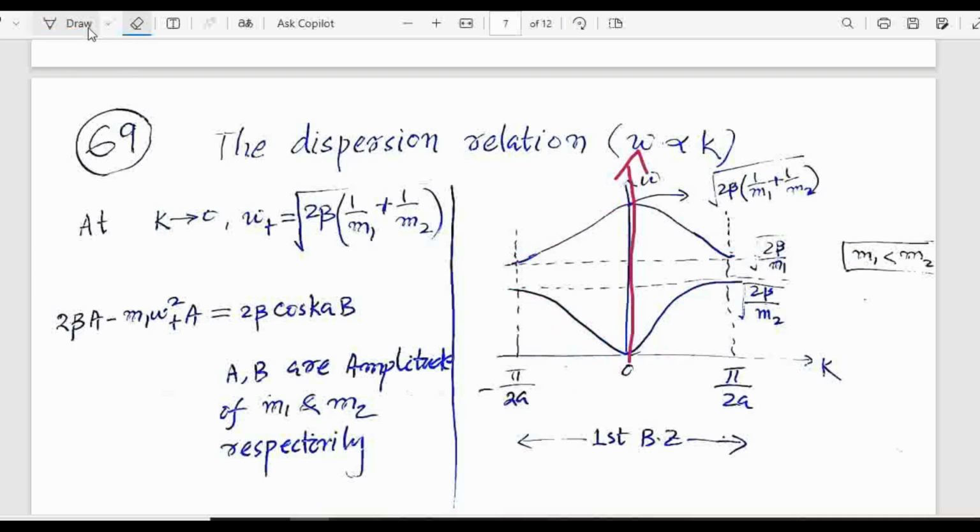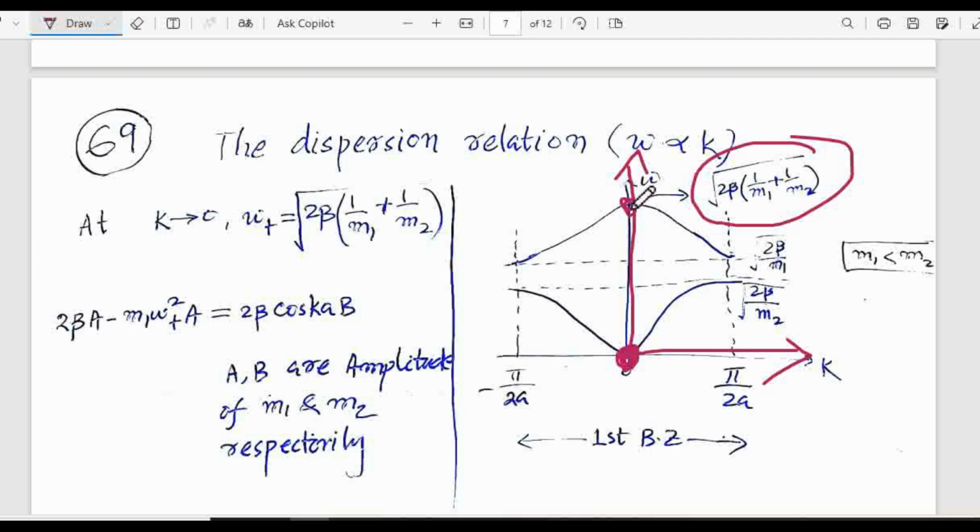The phase. Now you see at k tends to 0, this is the k axis. In this range k tends to 0, at these situations, what is the value of omega? In optical mode, you don't see this lower graph, this is for acoustic, you see this upper one, this is for optical mode. When k tends to 0, omega positive becomes this top one.